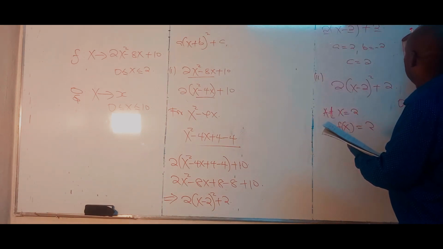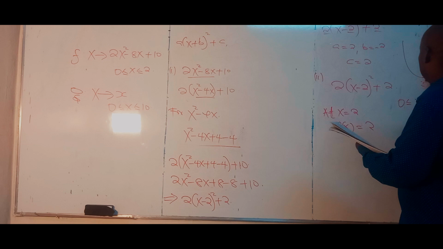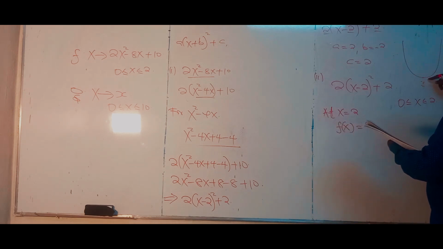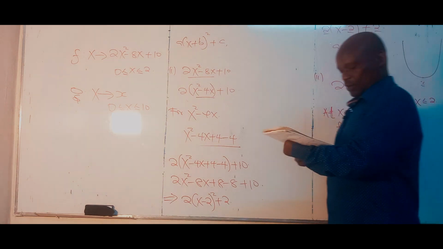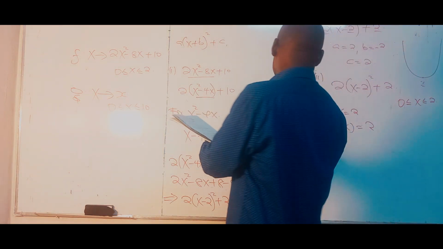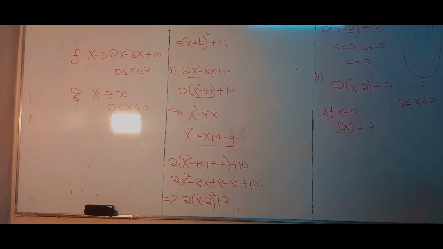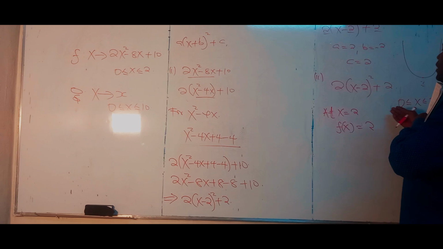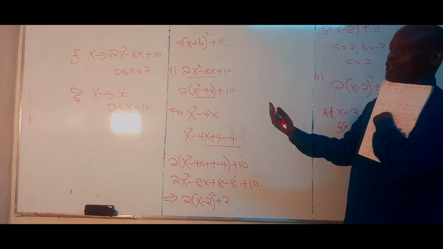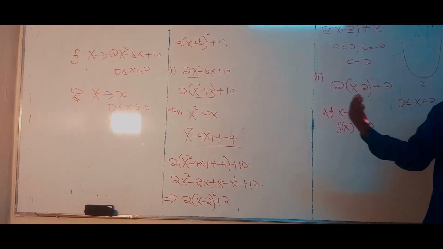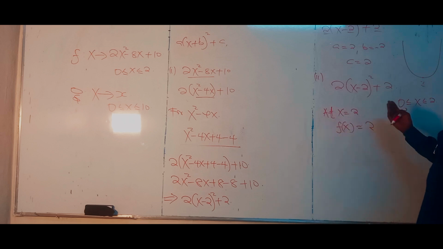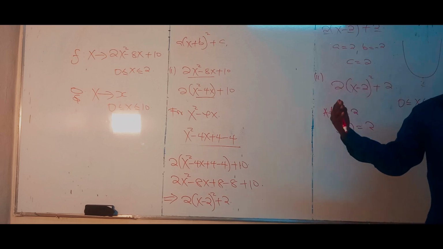That's the minimum we have. So it reduces until it cannot reduce any further, then starts to go up. But you see, going up is limited by this. All right. So in this case, the range of f, we can easily say that the lower boundary of f is defined and it is 2.